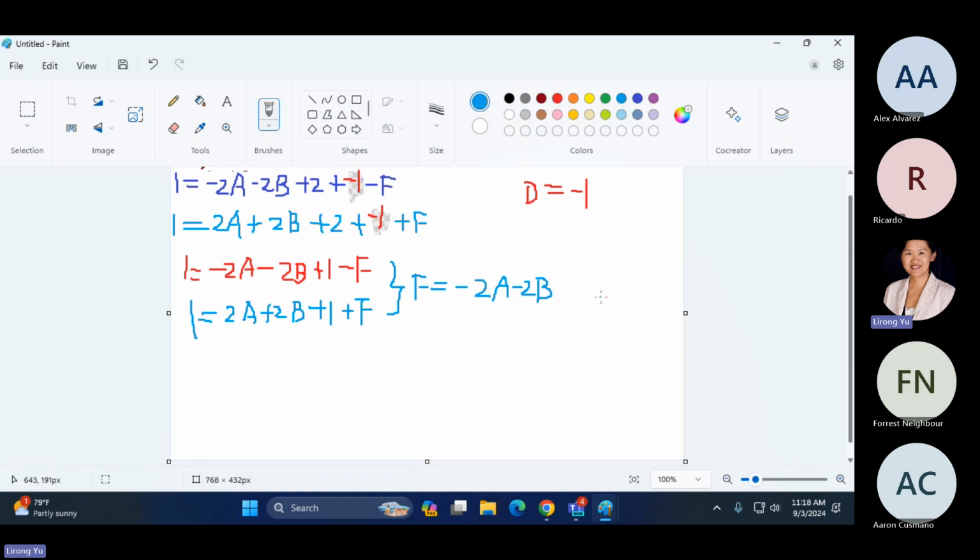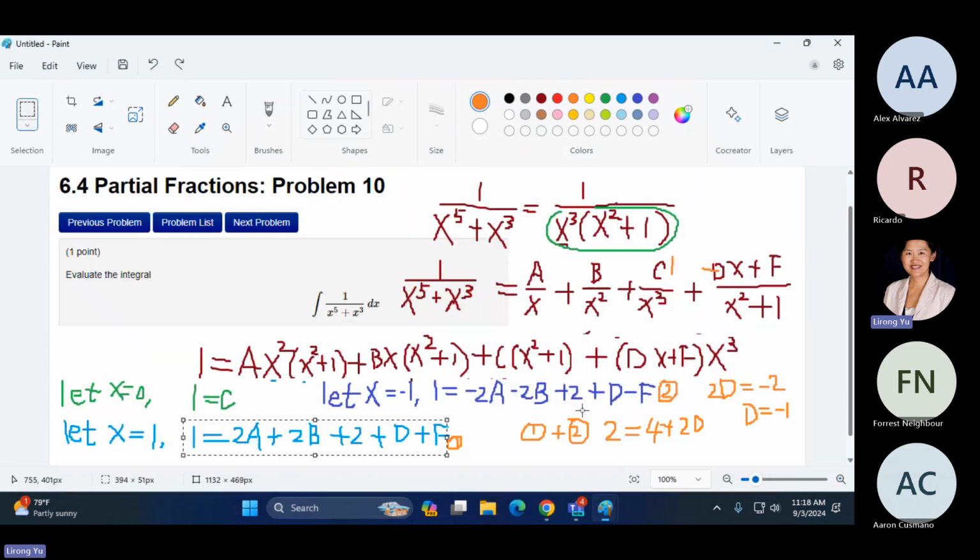To solve for A, B, F, you'll need 2 more equations, right? If you have 3 unknowns, you need 3 equations. I was going to try to lower the number of tries, but it looks like we have to try it 2 more times. A, B, F, there are 3 numbers that we don't know. And you can do it the other way around. I thought you might try the other method, which is matching the coefficients. For example, maybe that was better.